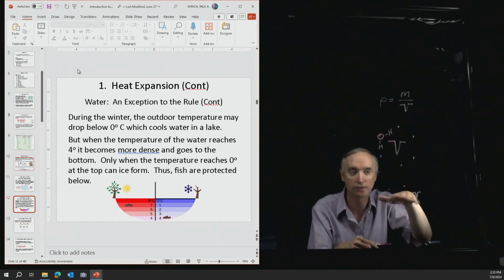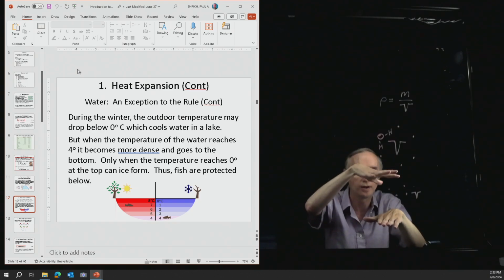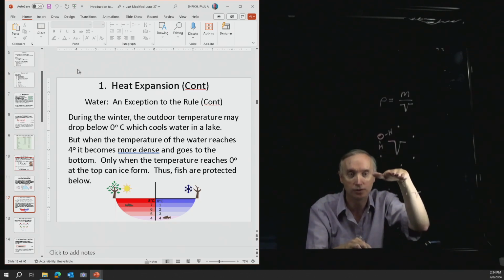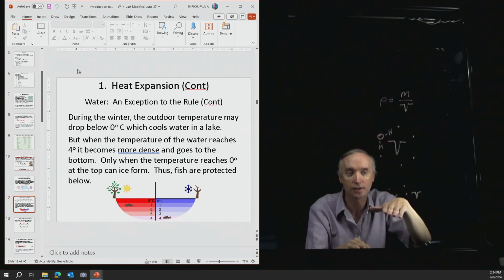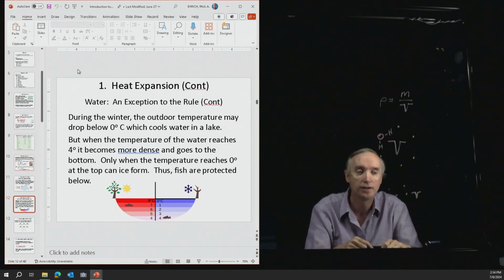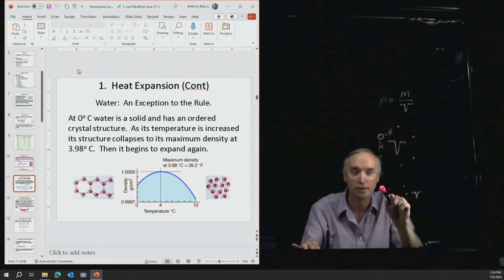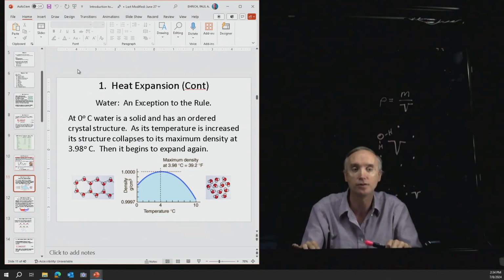So the temperature, let's say, starts out at 10 degrees Celsius. And then above it, you've got this cold air. And now the temperature goes down to 9, and then to 8, and then to 7, and then to 6, and then to 5. But once it gets to 4, notice that it has its maximum density. So if we go back to here, maximum density is going to occur at 4 degrees Celsius.